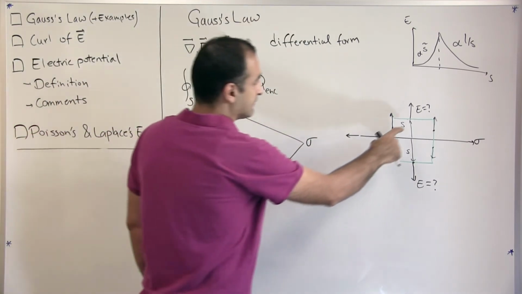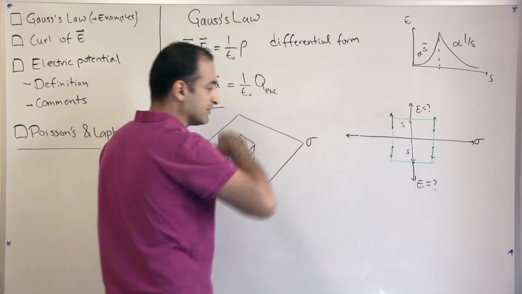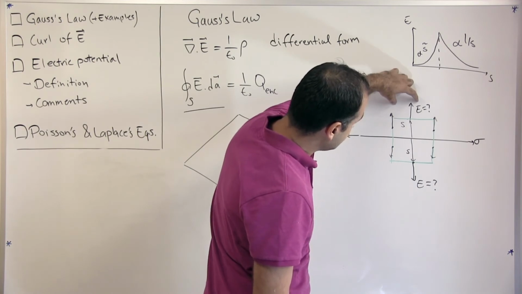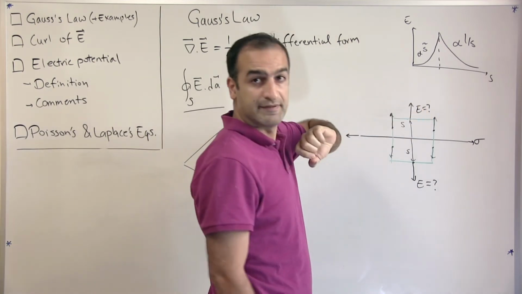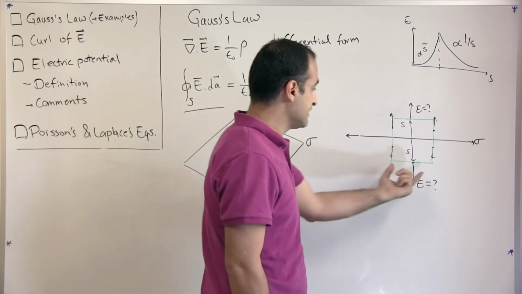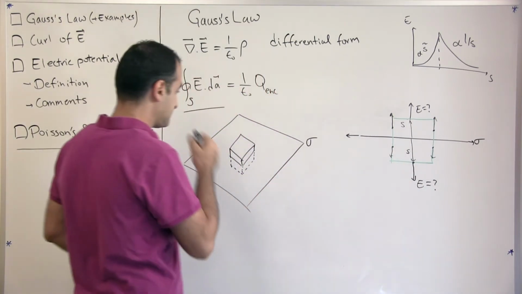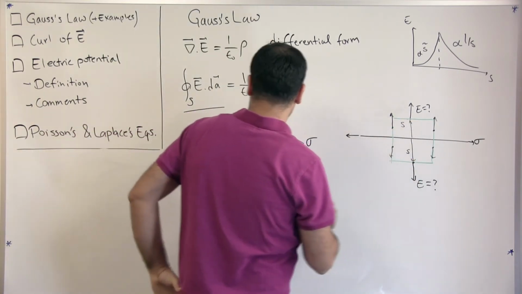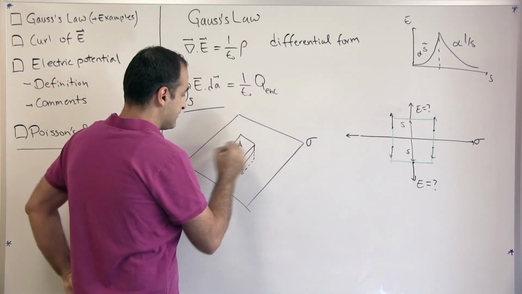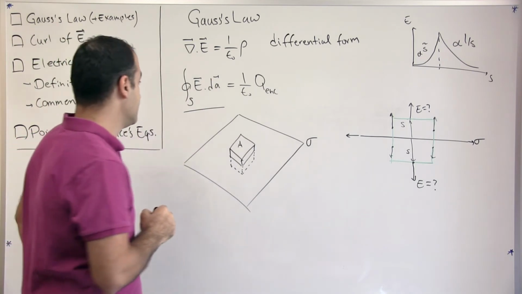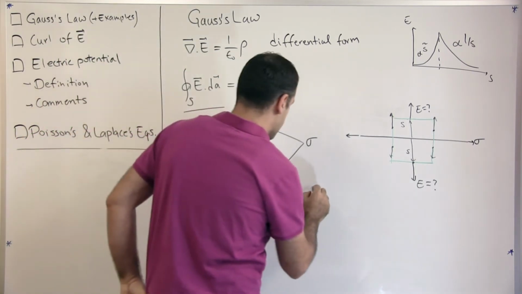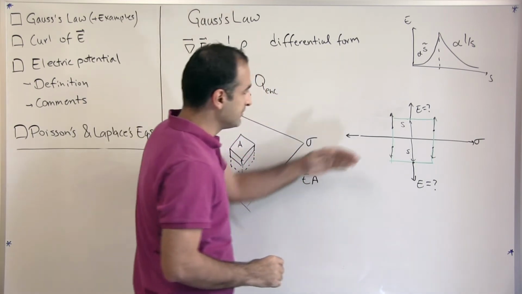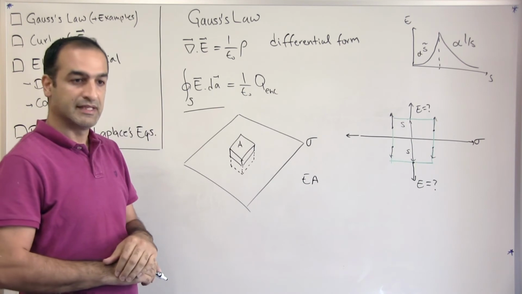If the electric field is E here, because of the symmetry, we can say this electric field is uniform on the surface. And because of the same reason, we can say this is uniform on the surface. Now, if we have this E dot dA, these two surfaces, and let's imagine the area of each of them is A, so E times A is going to be the contribution from the top surface, right?